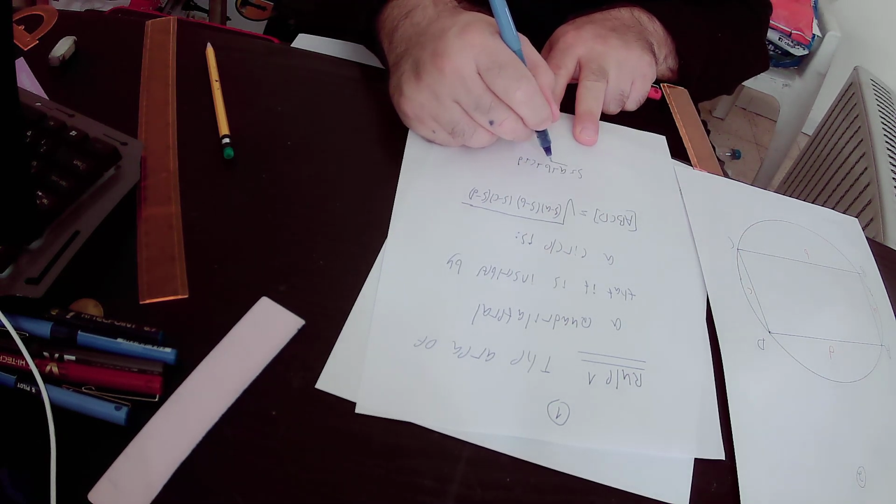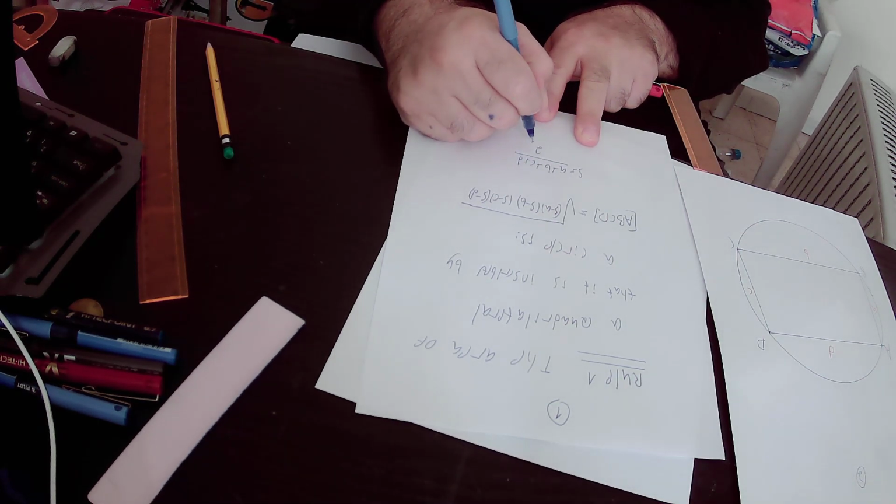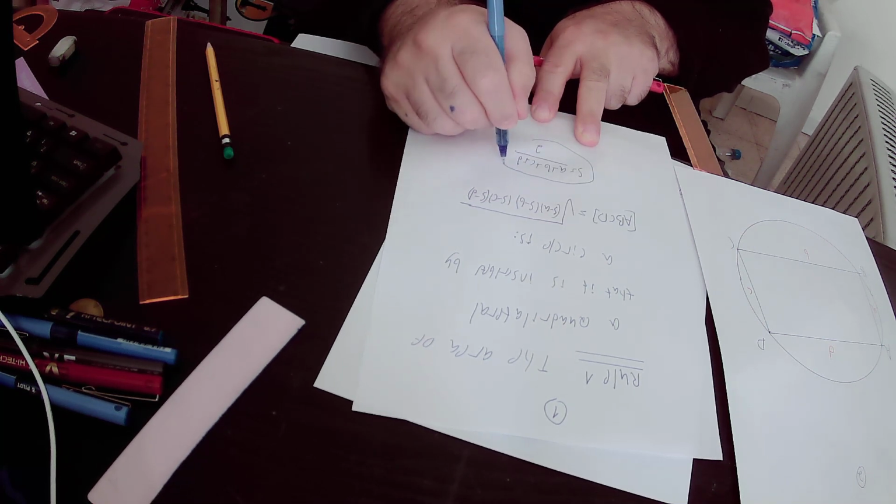So it is A plus B plus C plus D over 2. Okay?